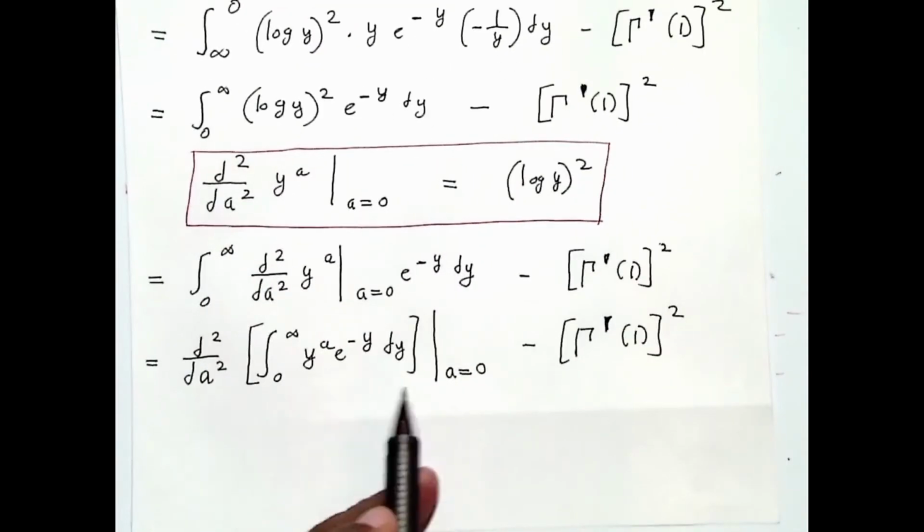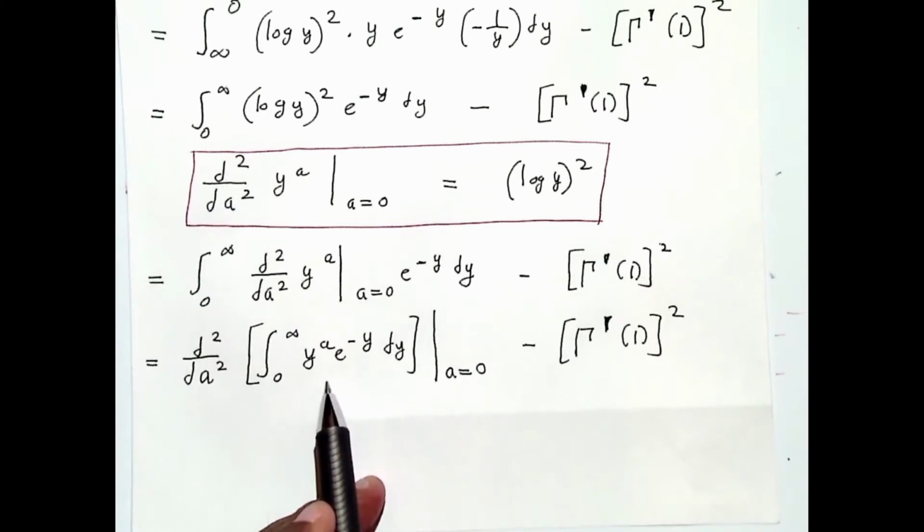Now what you have here is once again the gamma function at a plus 1, right?